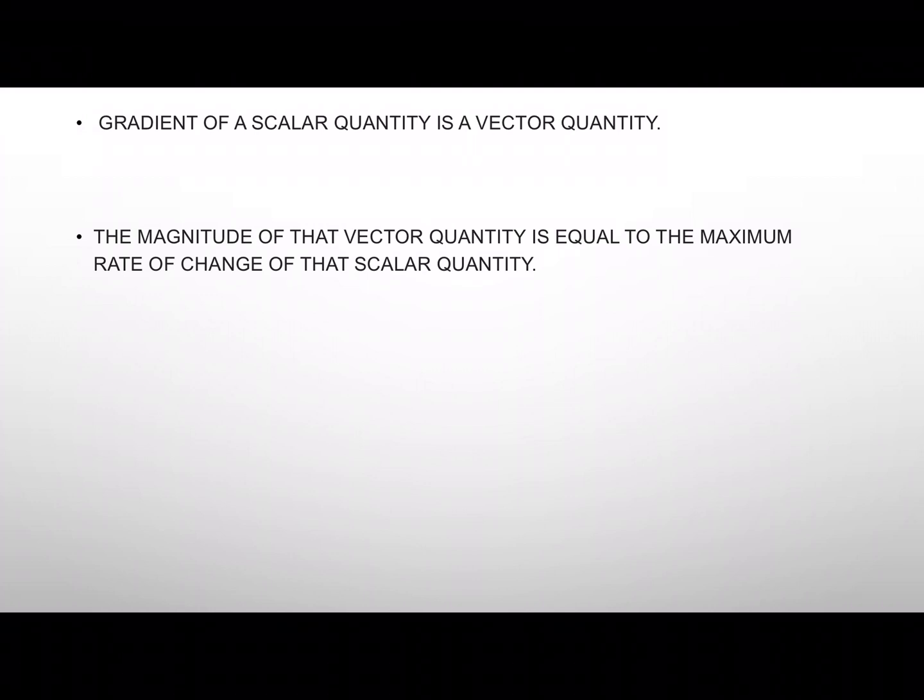How quickly it is increasing depends on the fire you have in the fire altar. More fire, more quickly it is increasing. So in which direction it is increasing matters. The magnitude of that vector quantity is equal to the maximum rate of change of that scalar quantity.